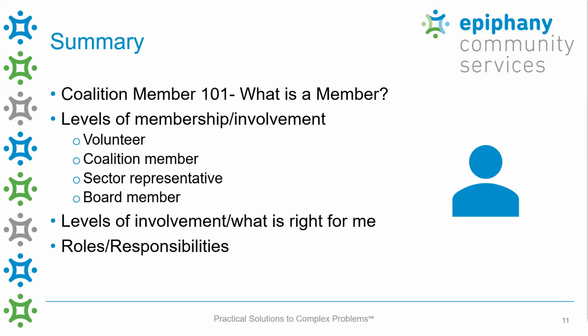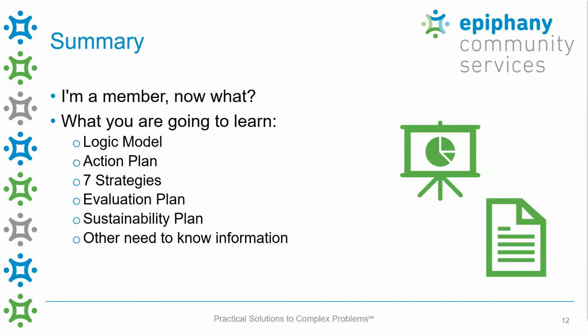Our second episode took that a step further. Now that they know their membership level and how they want to be involved, we got into, I'm a member, now what, right? What do I need to know? What are the general knowledge and skills I need to be an effective member? That is where we really got into the nitty-gritty of content: what is a logic model, basics of an action plan, what is an evaluation plan, the 7 strategies.